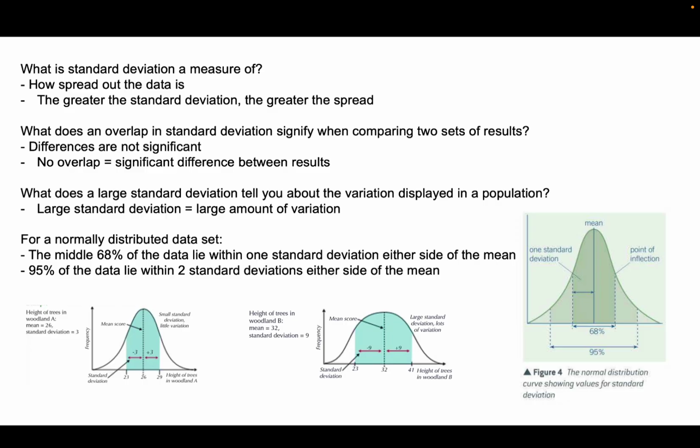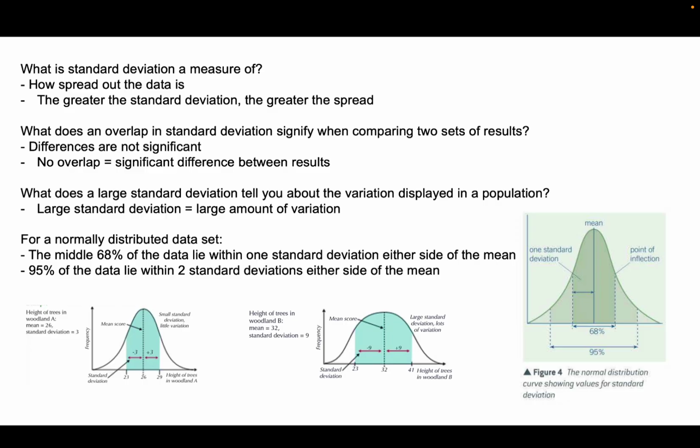Okay, so once again, if you were to get given data in a table and you see that there's an overlap in standard deviation, then it means that the differences aren't significant. But if there's no overlap, there's a significant difference between the results. And because standard deviation is a measure of spread, if you have a large standard deviation, then you have a large amount of variation.